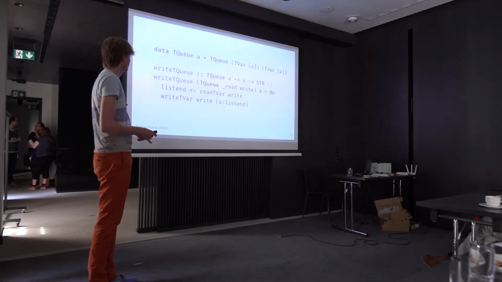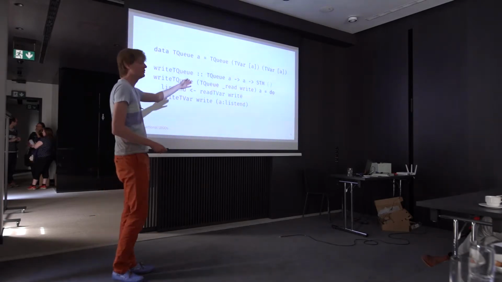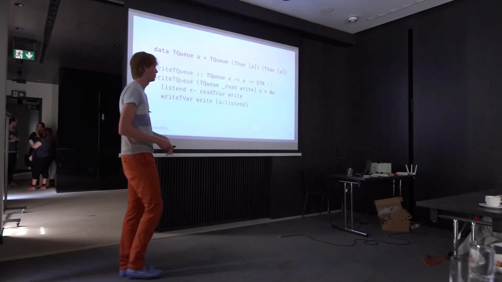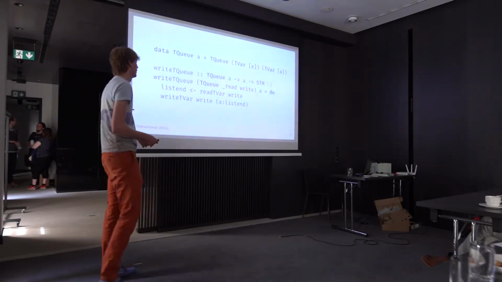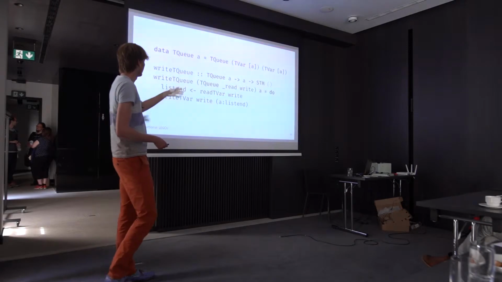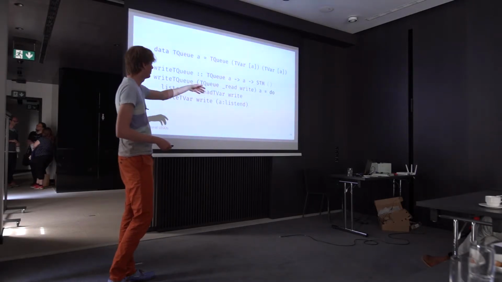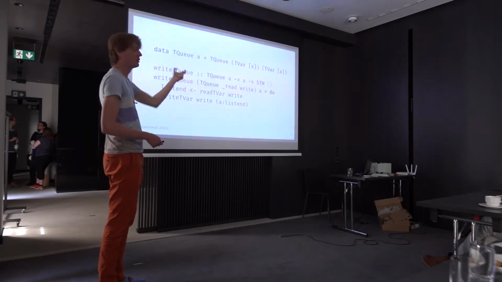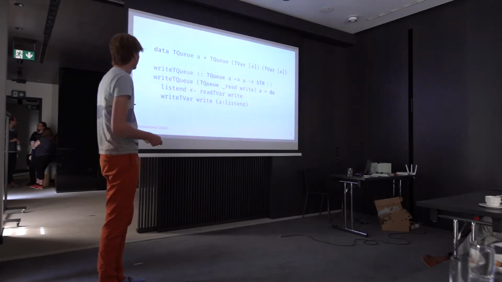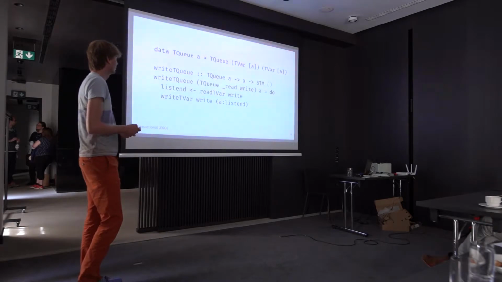Writing to a TQueue, well, we don't need the read end, so I use an underscore to signal that. The type is a queue, and we write an element to it, and we do so in an STM transaction. So we need the write end of the queue, which has type TVar list of a's.